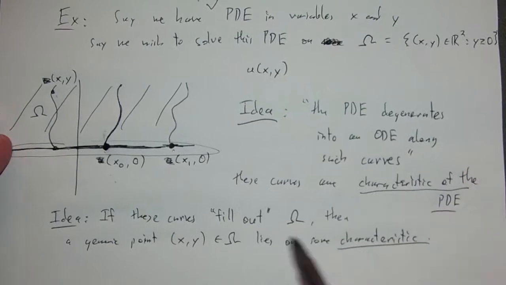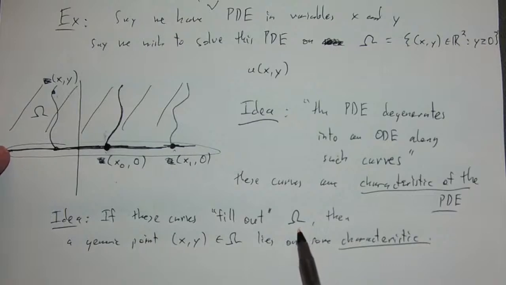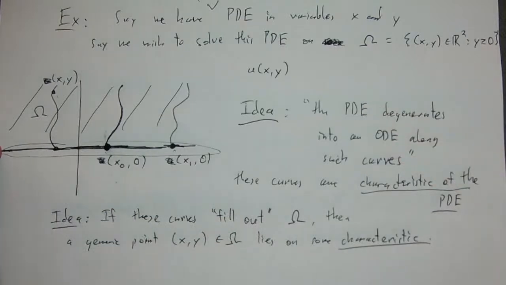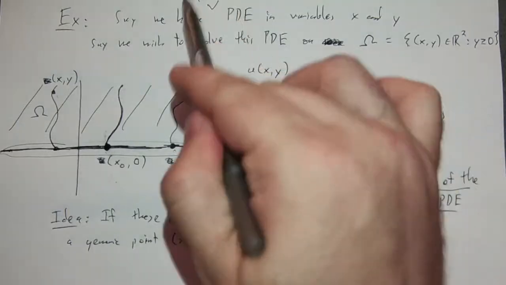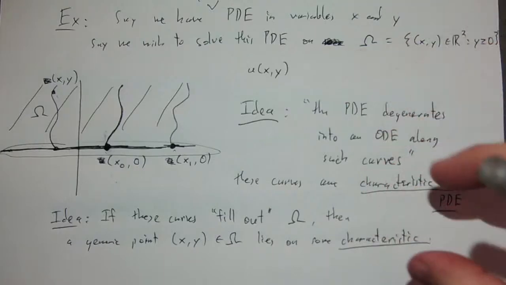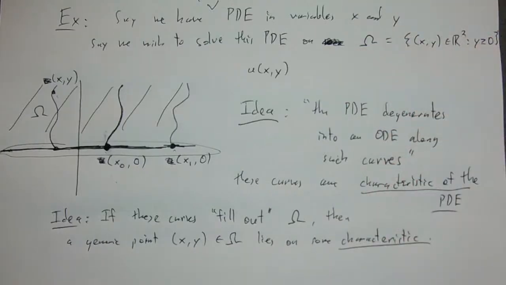Again, when I seek these characteristics that fill out my domain, I'm saying the PDE degenerates into an ODE along all these curves, and so somehow there are ODEs floating in the background that determine the behavior of the solution along these characteristics. In some sense, I'm saying that this first order PDE is like a family of ODEs that are coupled together in a way. Okay, and so the question then, what is it that I want?